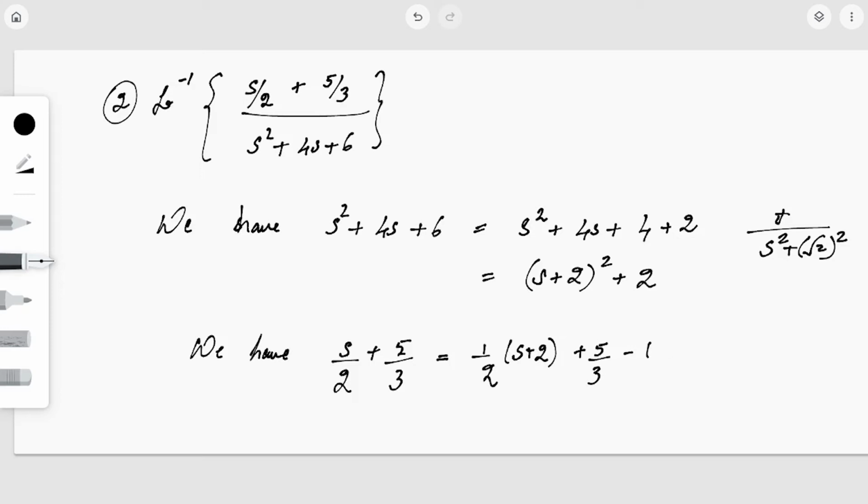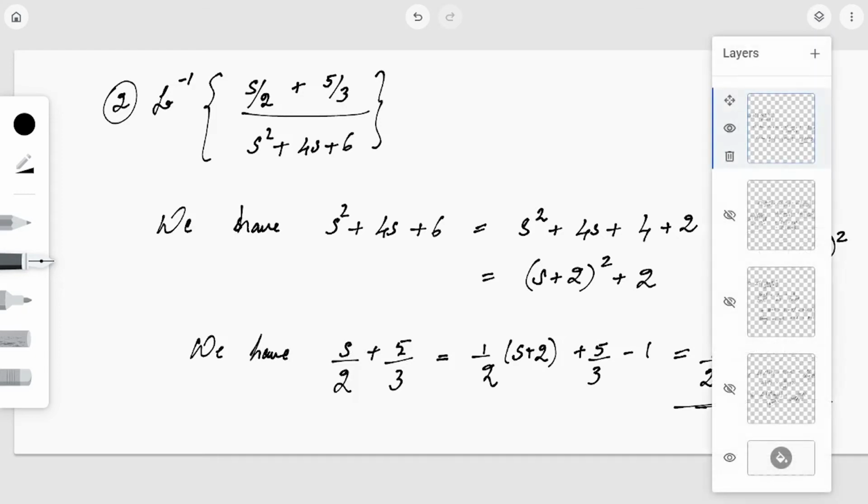Okay, so this is nothing but 1 by 2 into s plus 2 plus, what do we get, 2 by 3. Okay, that is I am changing s to s plus 2. So that is, instead of s I need s plus 2, so I'll have to add 2 by 2, right? So 2 by 2 is 1, so I'll have to add and subtract that particular term. So I get this as 1 by 2 s plus 2 plus 2 by 3.